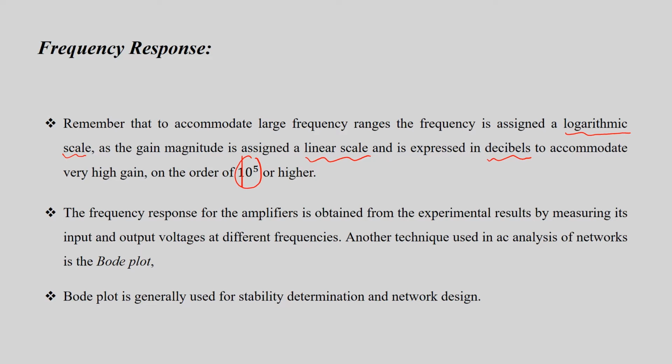In magnitude versus frequency plots, the magnitude is always taken in decibels, although both frequency response and Bode plots indicate the effect of frequency variation on gain. The Bode plot is generally used for stability determination and network design.